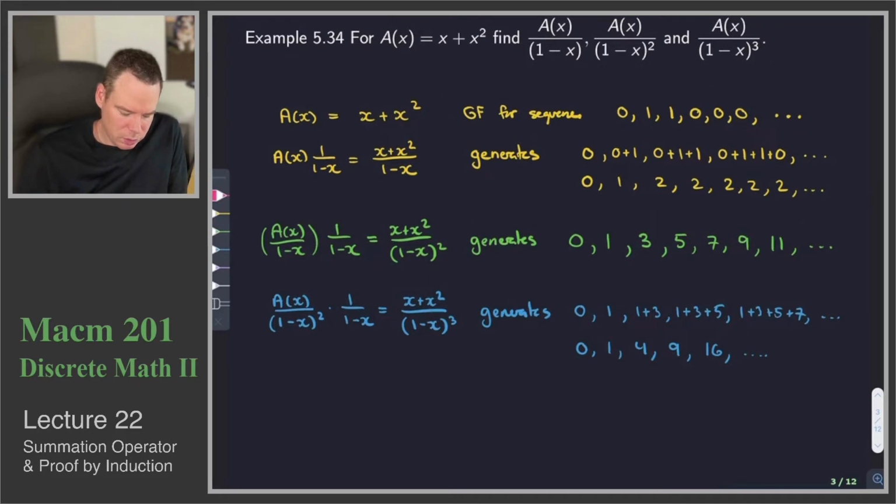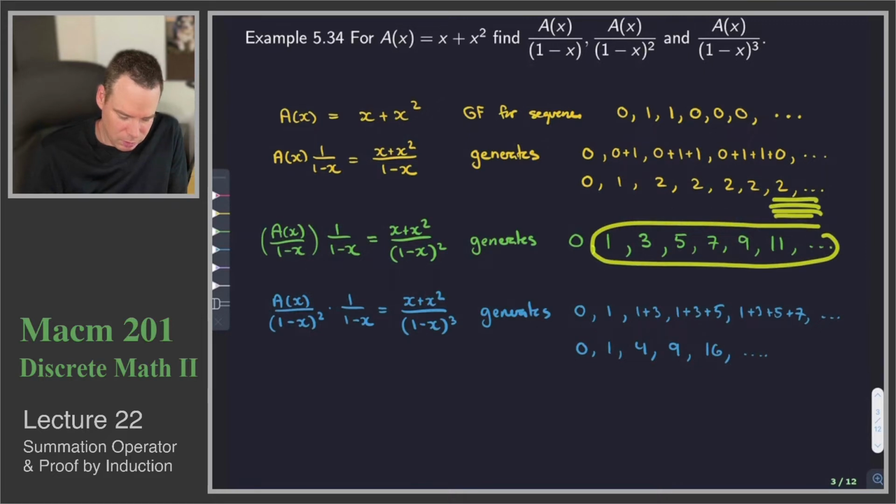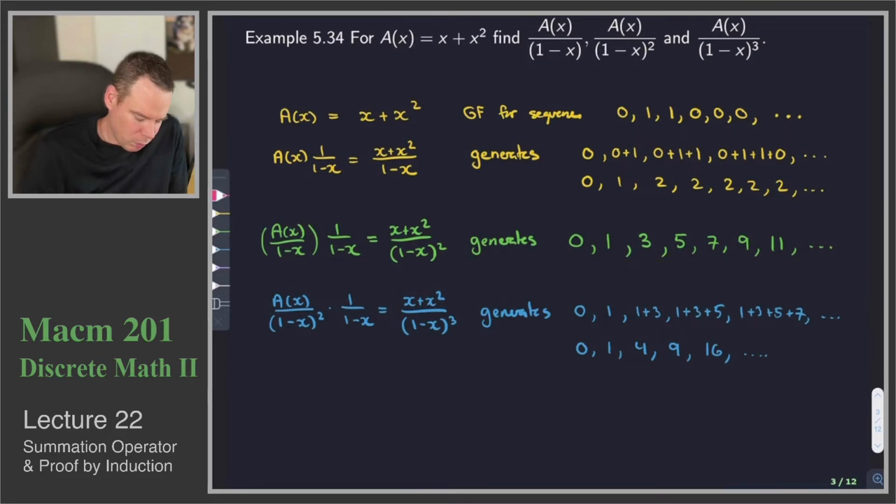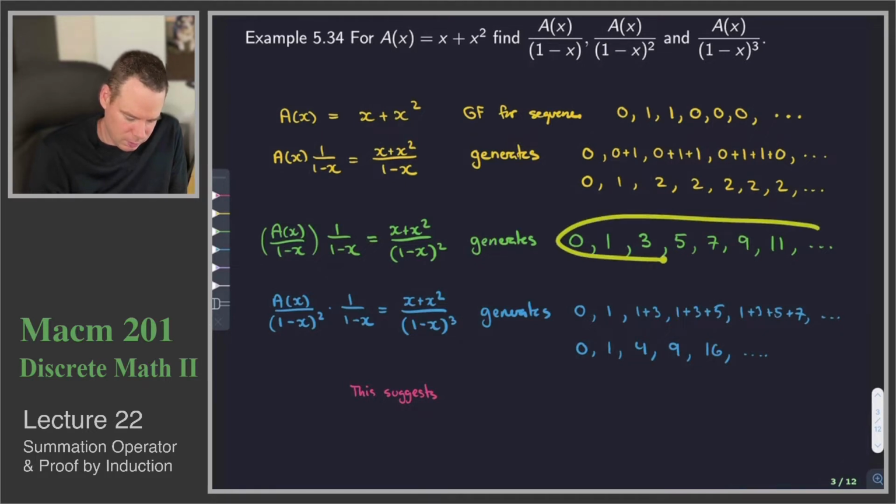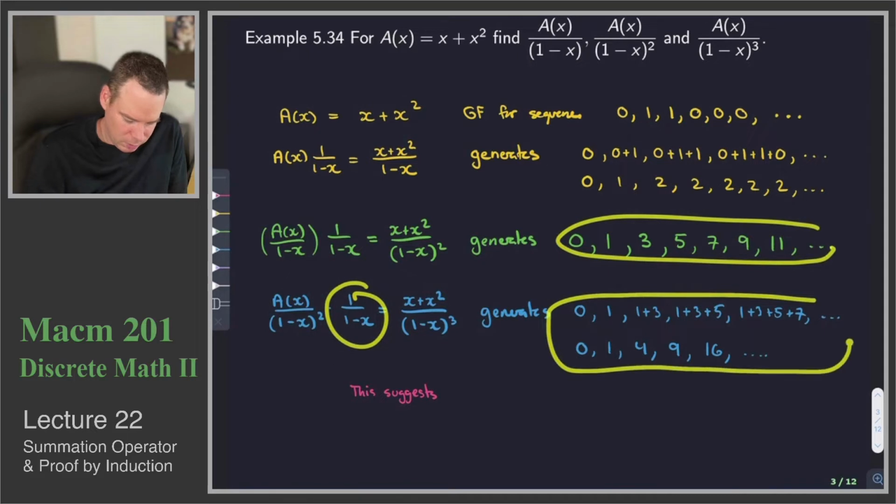Well, it's really a question about what is the sum of consecutive odd integers. We know these are all going to be odd because what we're doing is we're just adding on 2 every time. So what we get here suggests moving from this line, applying the summation operator to produce this line.